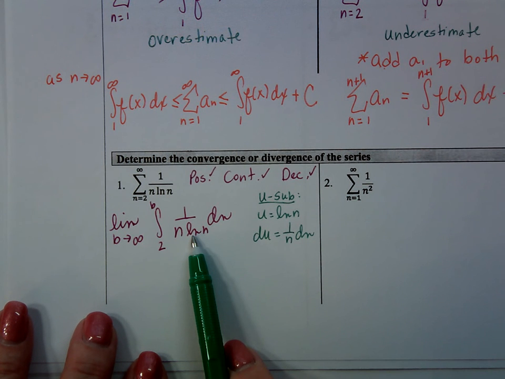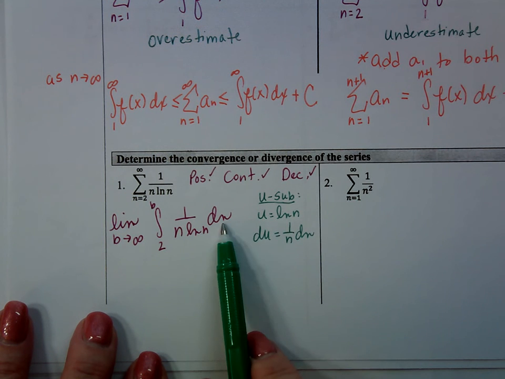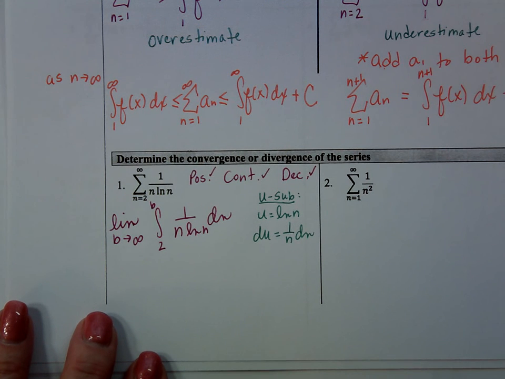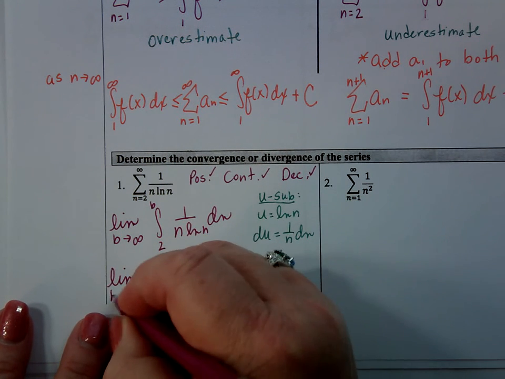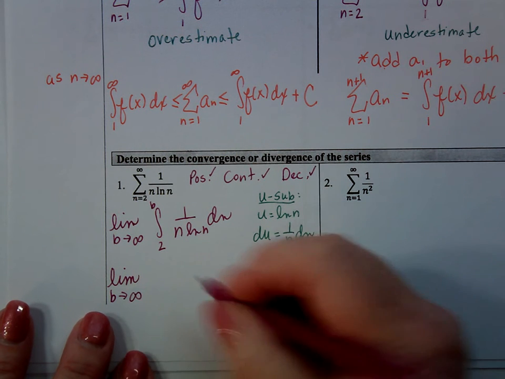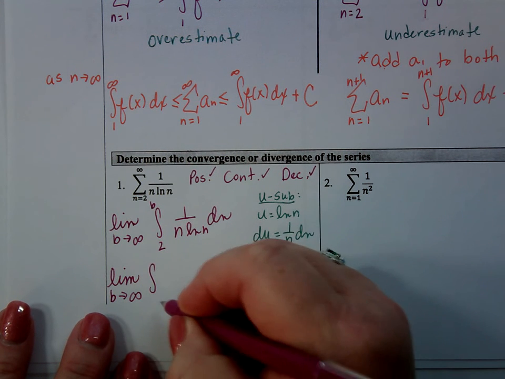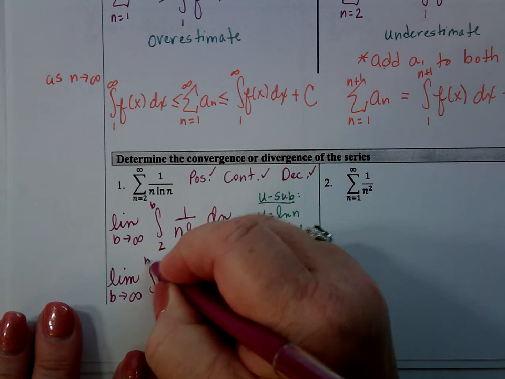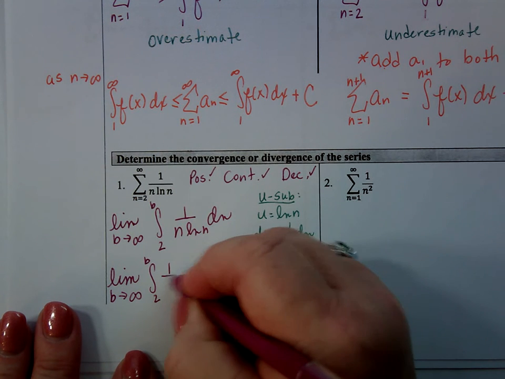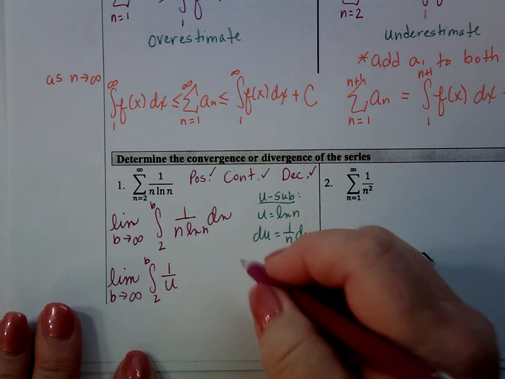I have an ln, that would be u to the negative 1. I have a 1 over n dn. I can substitute that in, and so I can see that my next job on this is going to be the limit as b approaches infinity of the integral going from 2 to b, by the way, of 1 over u to the negative 1, du.